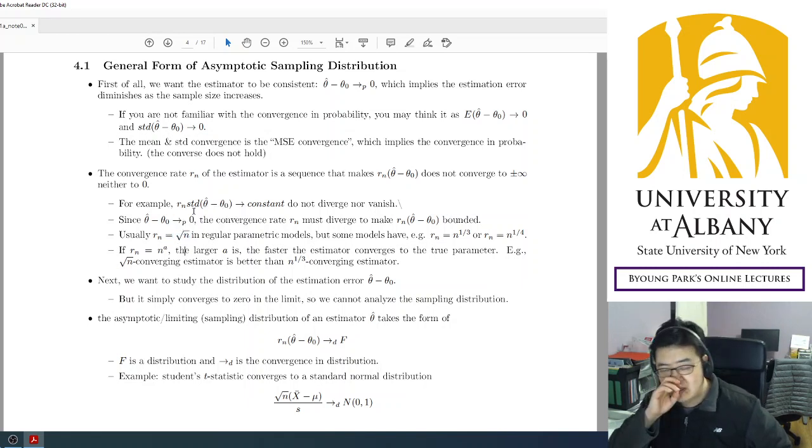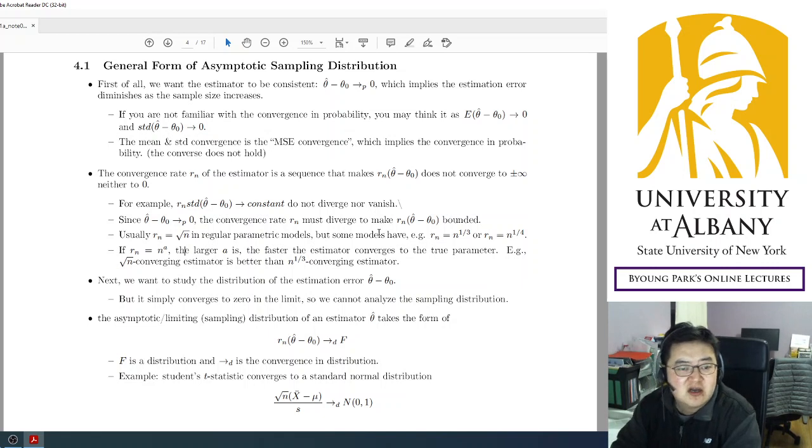Most regular estimators have this convergence rate, but some models, like non-parametric models or models that have discontinuities, for example non-differentiable models, have a slower convergence rate. Instead of the square root of n, which is n to the exponent of 1 over 2, it is n to the exponent of a third or a quarter.